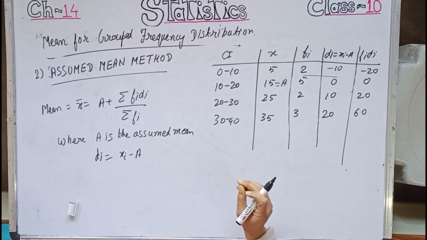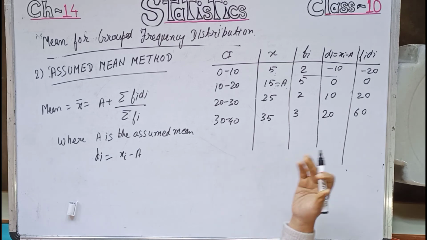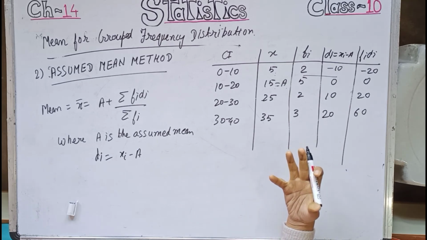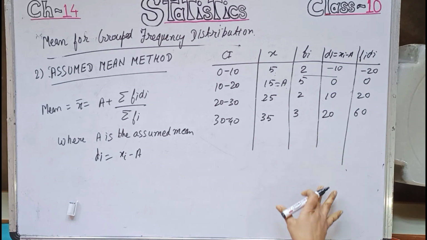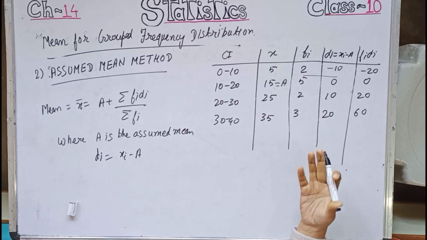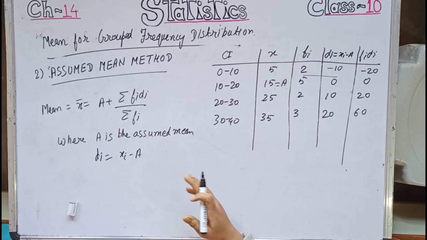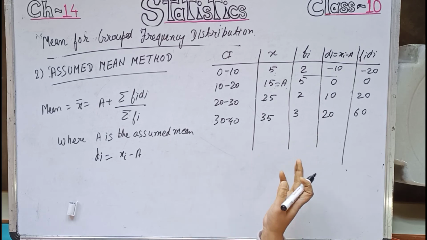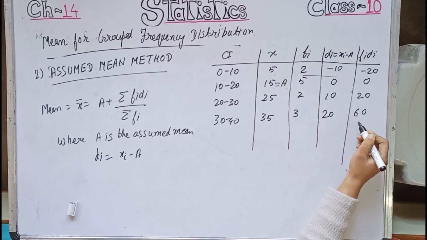If the given numbers are small in value, then directly we can calculate with the direct method, no problem, because in multiplication we are getting small numbers. But if the numbers are big, suppose 1235 into 725, we have to multiply, it means time consuming. To save the time, the other two methods, that is the assumed mean method and the step deviation method, have been introduced.